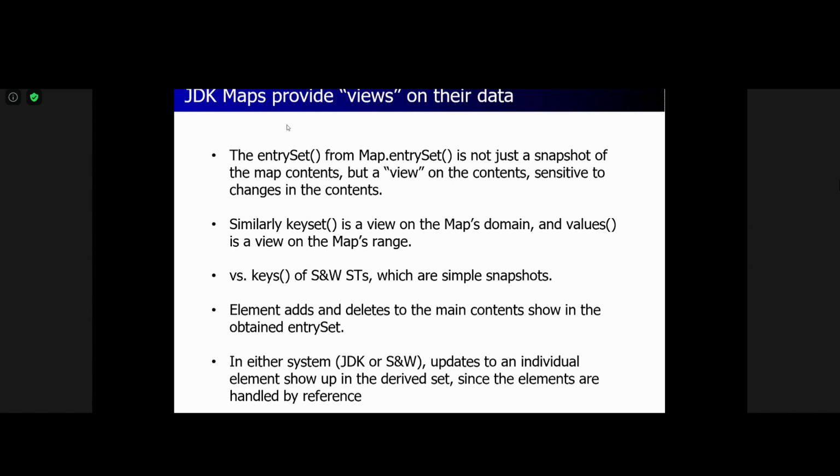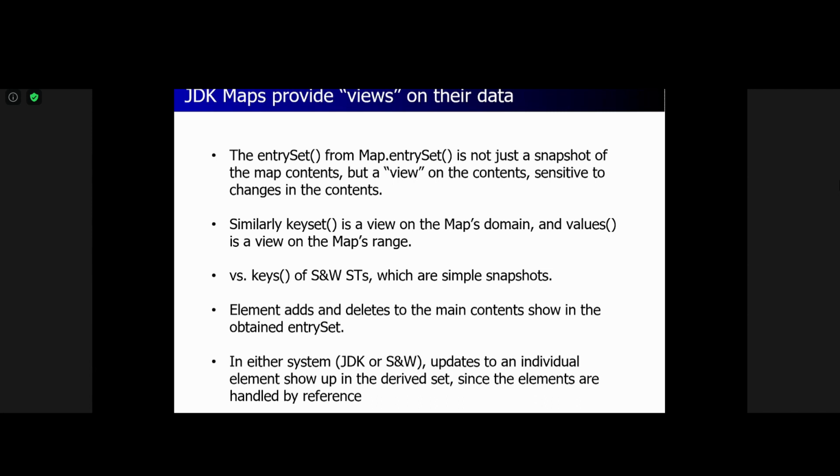Okay, so there's even more. Let me have a little more time here. If you get a set from map.entrySet, it's not just a snapshot of the map contents, but a live view on the contents. So it can follow changes in the contents of the map. Okay.